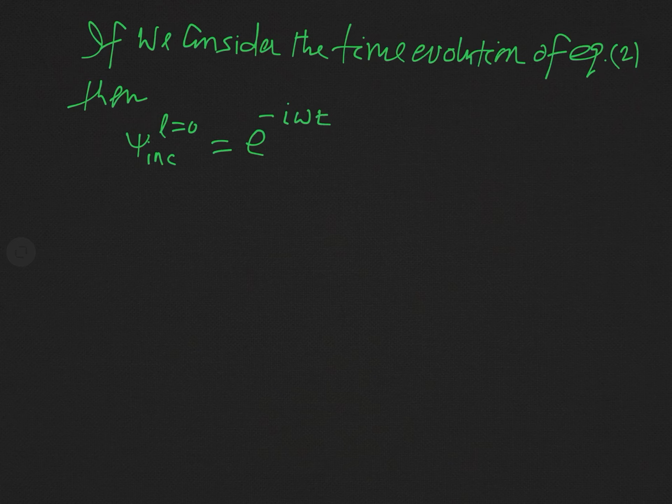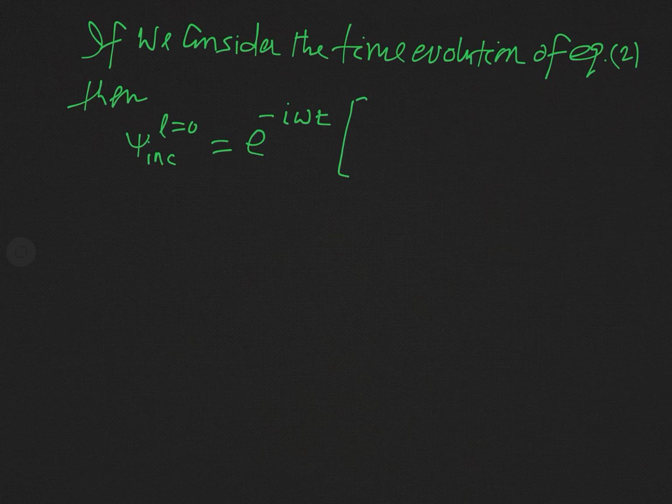We will simply multiply by the factor e to the power minus i omega t. And you can also write instead of omega, E by h cross. But here I am writing omega.